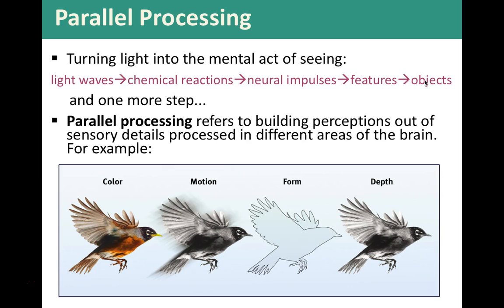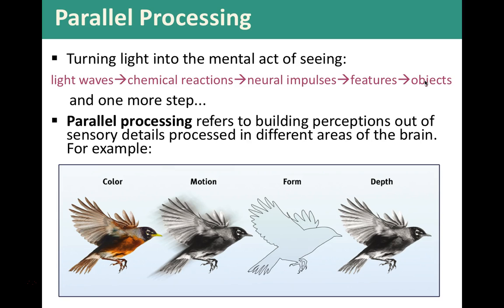Okay. So we talked about feature detectors. We talked briefly about supercells. We talked about portions of the brain that basically develop in the visual cortex, and to basically be sensitive to certain forms of sensory details processed in different areas of the brain. Okay, but it's all happening in a parallel, if you will, simultaneous process.